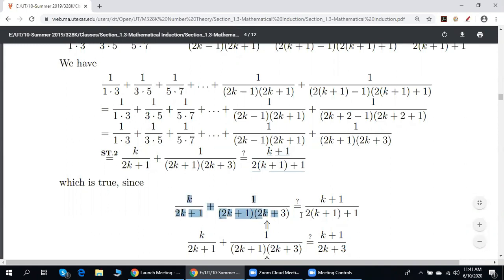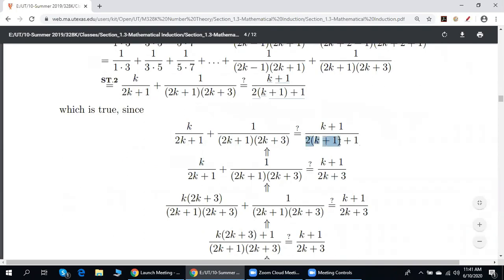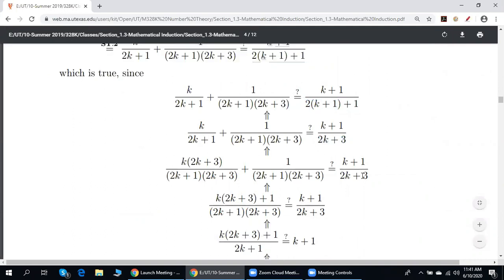First, let us copy it, and then we expand parentheses first here. 2k plus 2 plus 1 is 2k plus 3. Then, in order to come up with a common denominator, let us multiply top and bottom here by 2k plus 3.